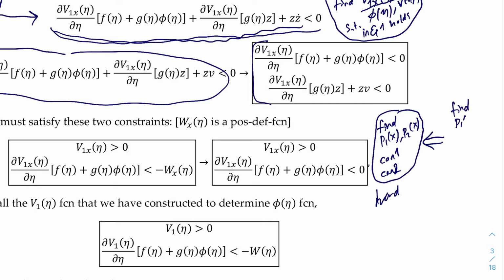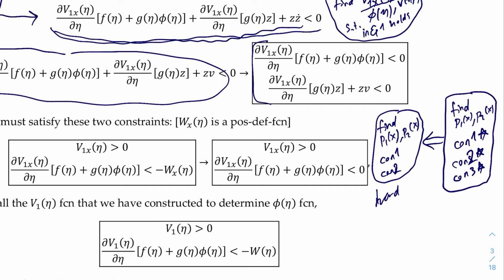But we can change the problem. Maybe constraint 1 star and constraint 2 star and constraint 3 star. Okay, new constraints. But these constraints imply these constraints. But they are harder to satisfy.